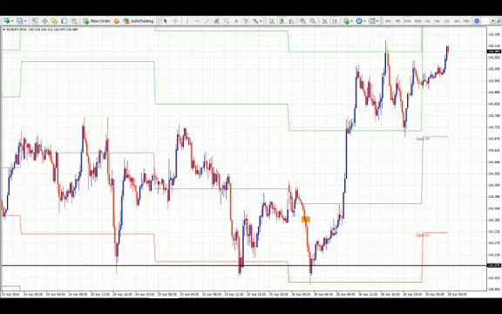I would have chosen to trade an hourly expiration because we do have this strong area of support that we saw on the hourly chart. And of course, we also have the daily support one and these lows right here. So an hourly expiration option is what I would have chosen to trade here.